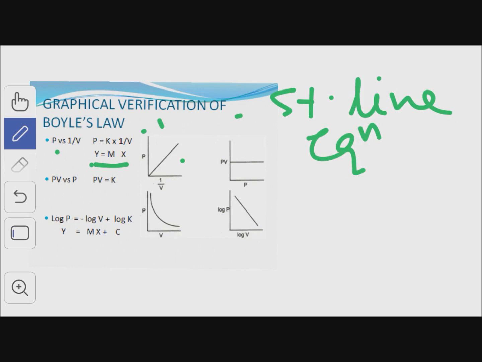And here y represents the y-axis and P is along the y-axis, and x represents the x-axis. It means if we compare these two, here 1 by V is along the x-axis and we are left with K, which is equal to m.